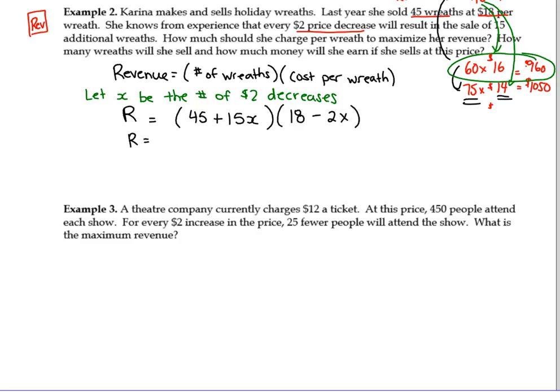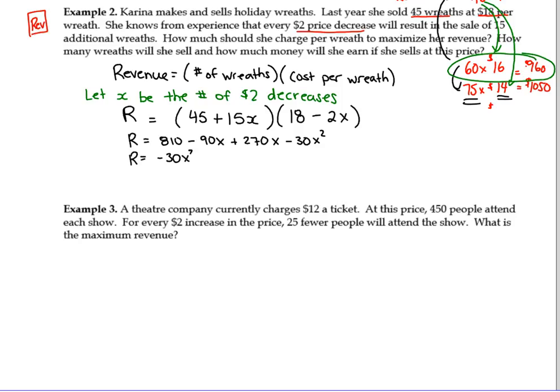Okay, 45 times 18, 810. 45 times negative 2x, negative 90x. 15x times 18, it's a little harder, 270x. And then last, 15x times negative 2x, negative 30x squared.